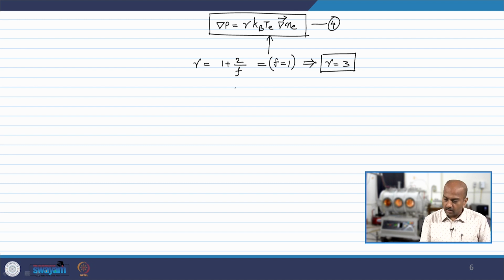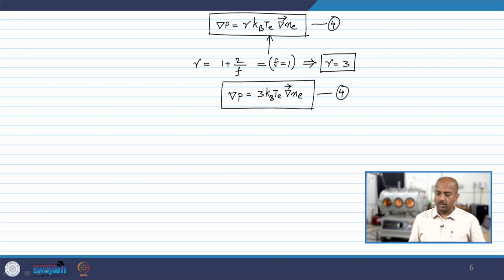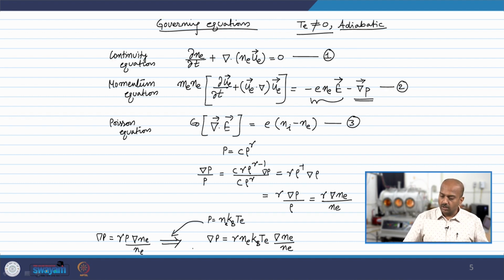So, we can write delta P as 3 kB TE delta Ne. This is equation 4 rewritten with gamma being 3. Now we have to understand how we can solve equations 1, 2, 3 and 4. Equation 4 is actually a part of 2.